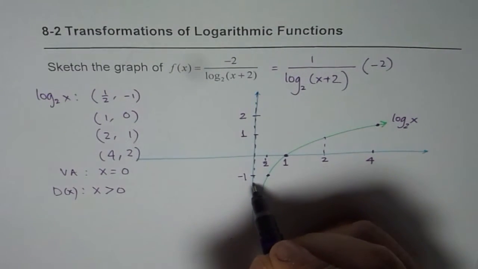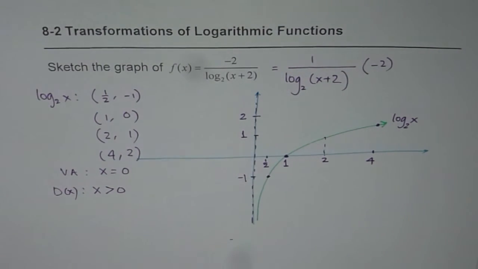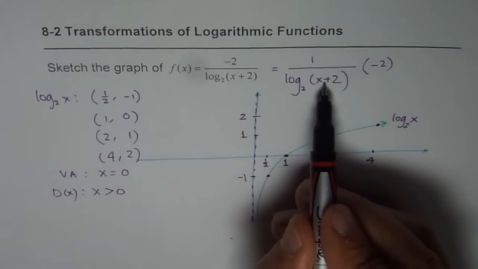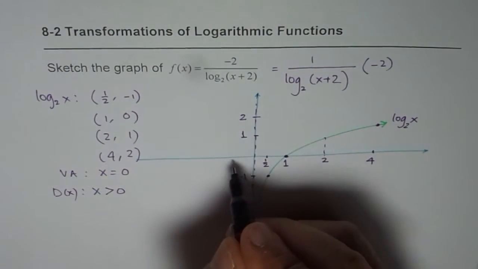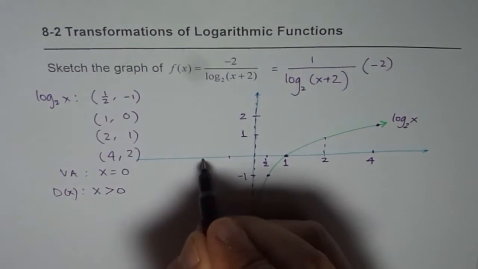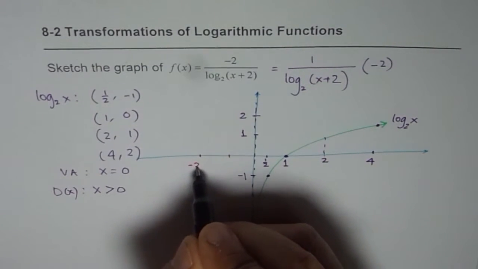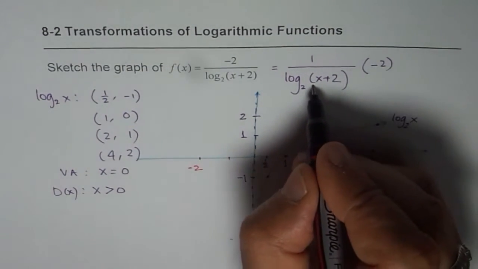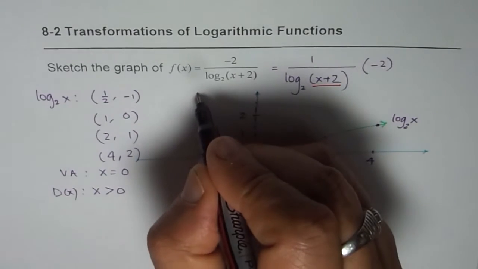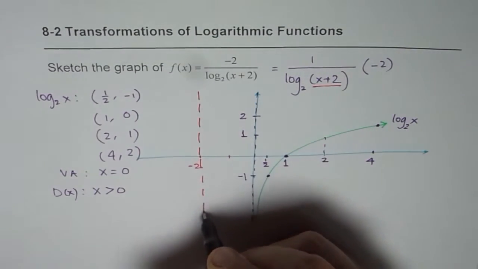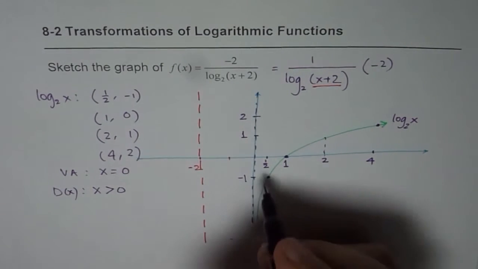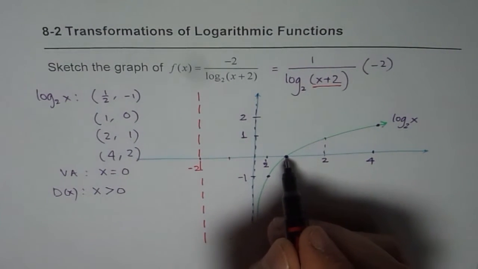Is that okay? So first step is, from here, we'll shift it horizontally 2 units to the left, right? 2 units left means this is 1 and then this is minus 2. When you do 2 units to the left, we get a vertical asymptote at minus 2, and all these points will move 2 units left.